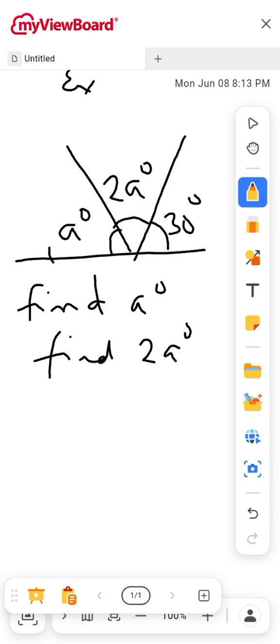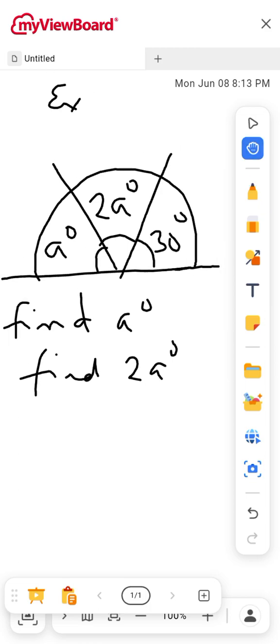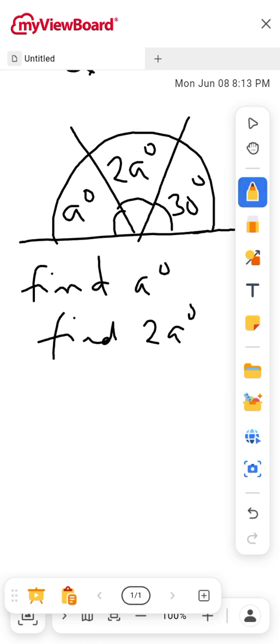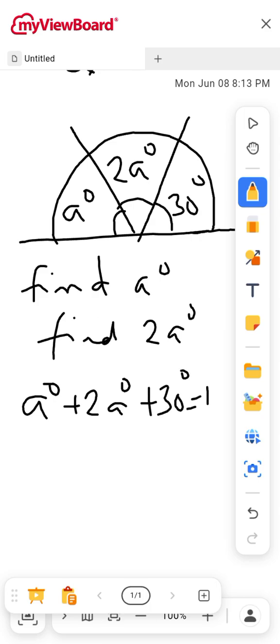When you connect from the starting point to the last point, it gives you the shape of a semicircle. That means when we add everything under the semicircle, A plus 2A degrees plus 30 degrees, everything will give us 180 degrees because it is sum of angles on a straight line.